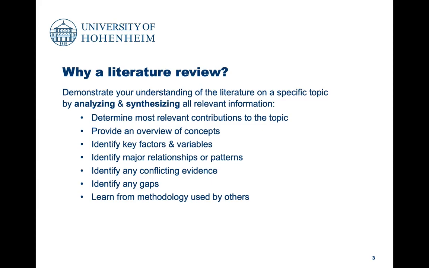A literature review identifies the key factors and variables addressed that affect that specific topic and how these are related to each other, and it outlines conflicting evidence and discusses it.